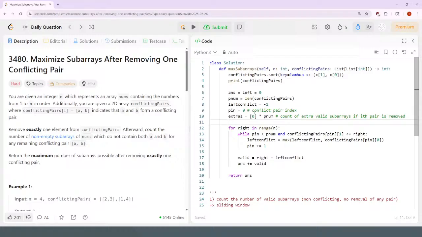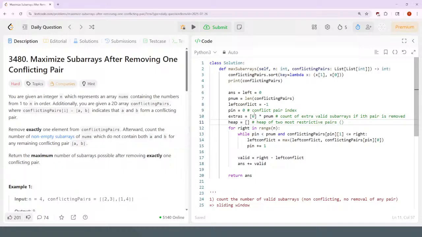At that point, I need to have a heap. Which is going to be the top 2 remaining conflicting pairs. I think it should start empty. Heap of 2 most restrictive pairs.